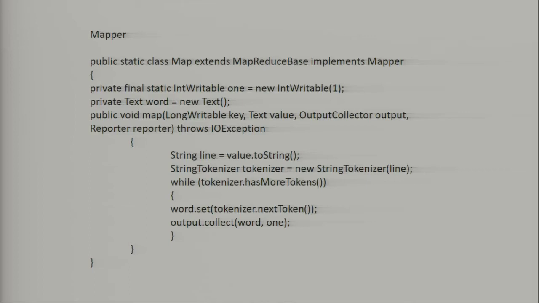Next, we talk about the public void map. So when I say public void map, this is the method which will actually implement the tasks. The arguments passed here are almost 4, but the first 2 are LongWritable key and Text value. So basically we talk about the first thing, that is key value.